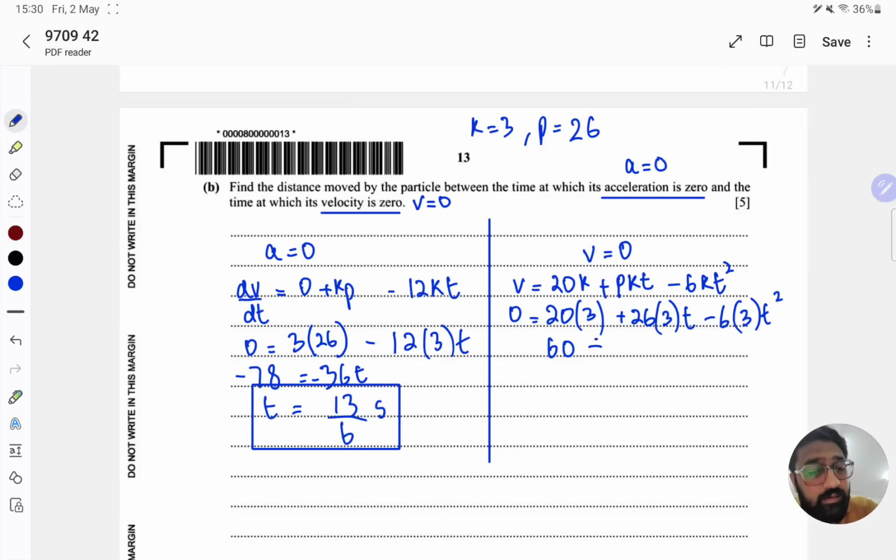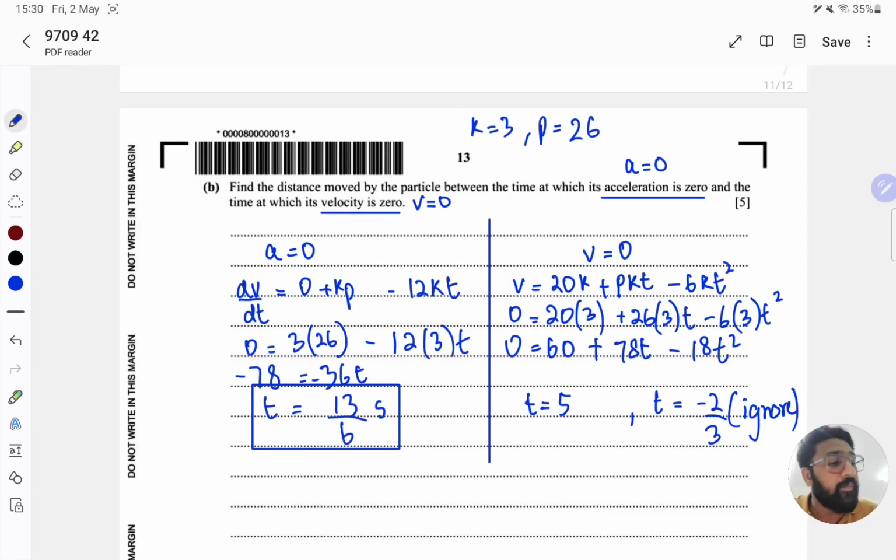So 60 plus 78 t minus 18 t square equals 0. I'll simplify to get the values of t. The values of t will come from the coefficients minus 18, 78 and 60. One value of t is 5 and the other value of t is minus 2 by 3. Time cannot be negative, so we will ignore it.